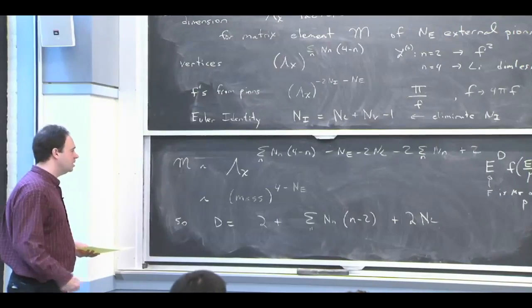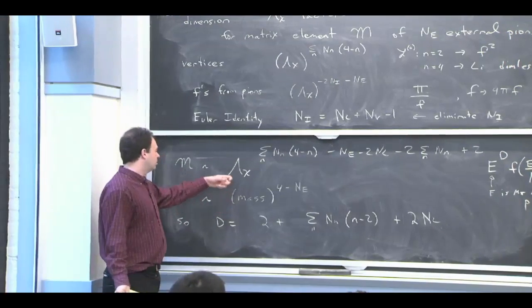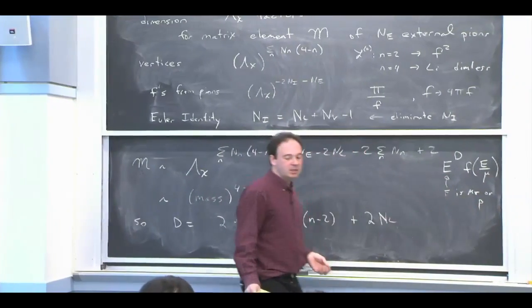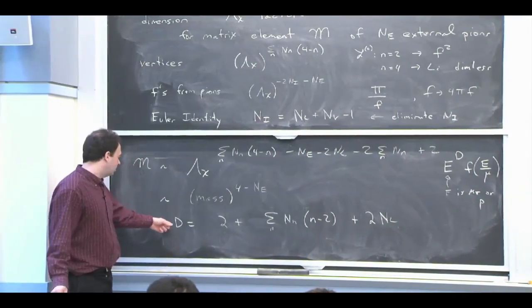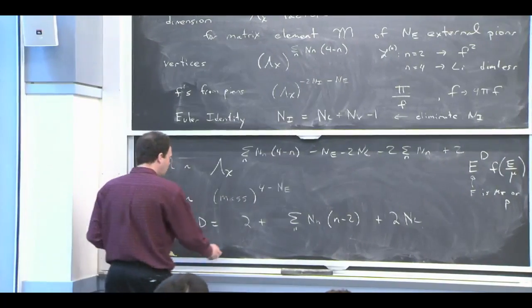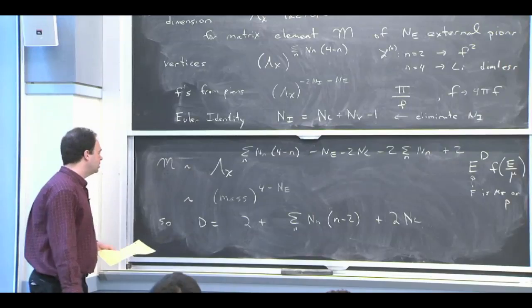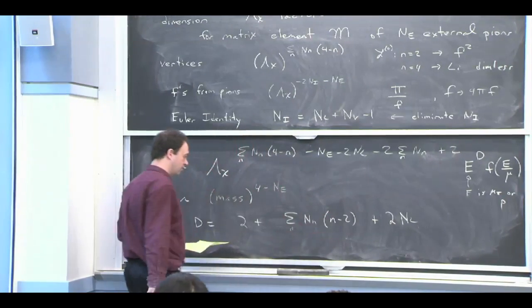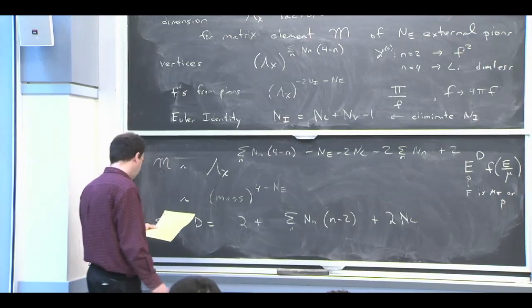Okay, so the answer for d, in order to get the dimensions right, we have to compensate for the number of lambda chi's by the factors of m pi and p. And when we do that, then we need this many of them in order to get the dimensions right. So one thing you see from this formula is that d is greater than or equal to 2. That's because these things are positive. The Lagrangian starts with n equals 2 and then goes higher.